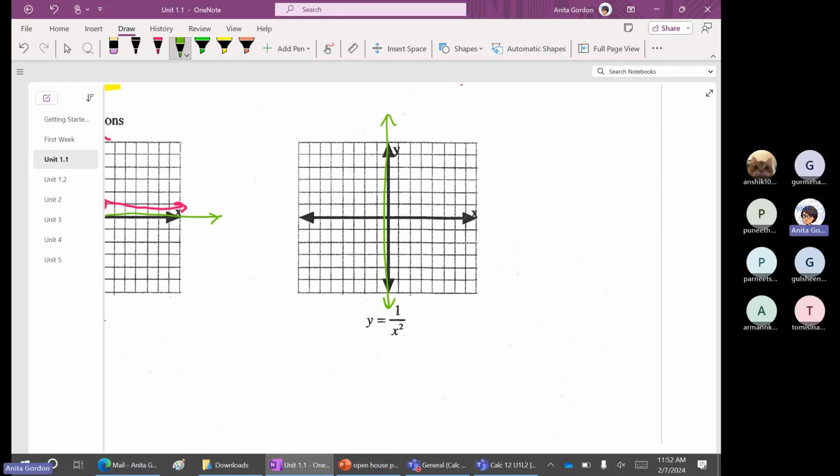Can I make y 0? Is there anything I can do to that function to make it equal 0? No, so then I cannot touch this axis either. So my asymptotes are still x and y equals 0. And we call the vertical asymptote, because I don't ever want to spell it, a VA, and the horizontal one, an HA.